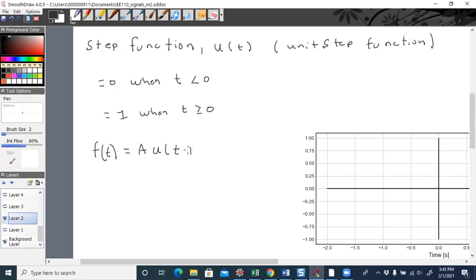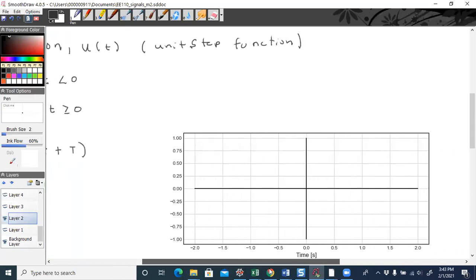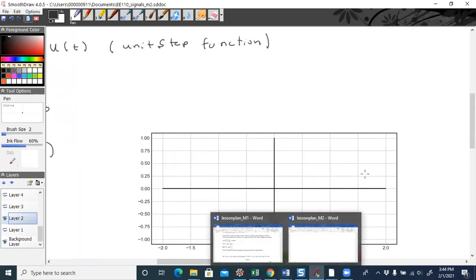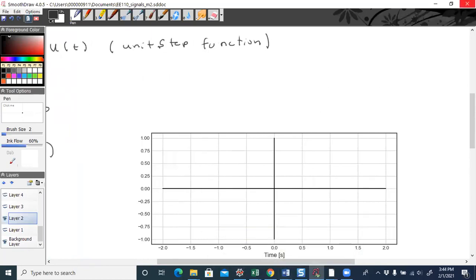But we can also advance it and delay it. So I'm just arranging things here so I can try to make a little more coherent plot.